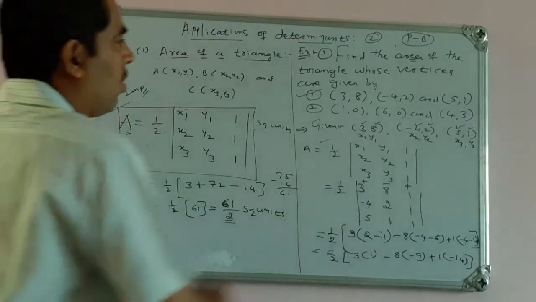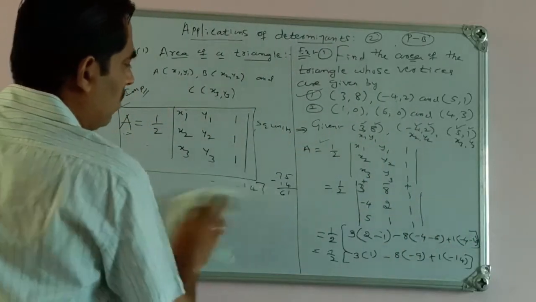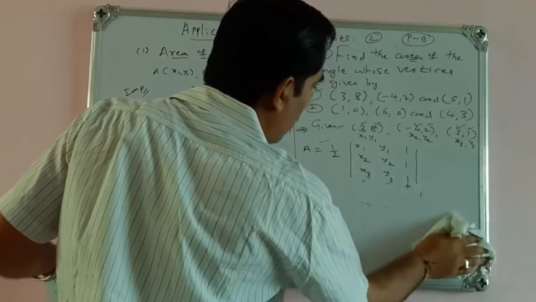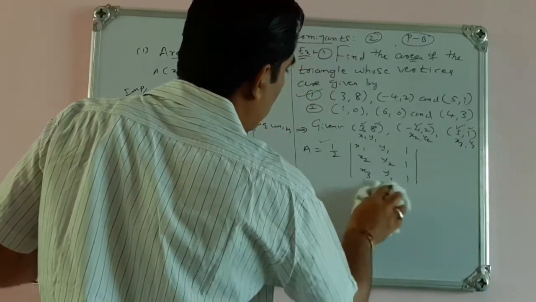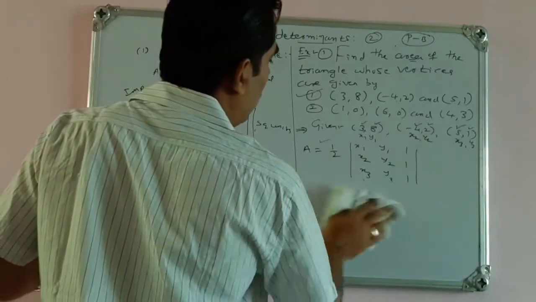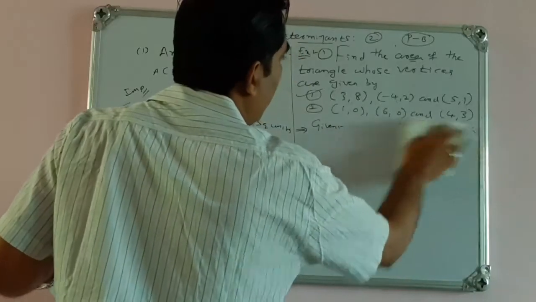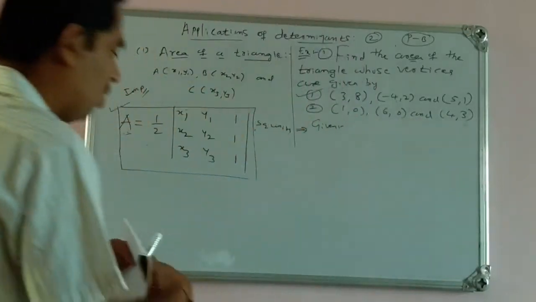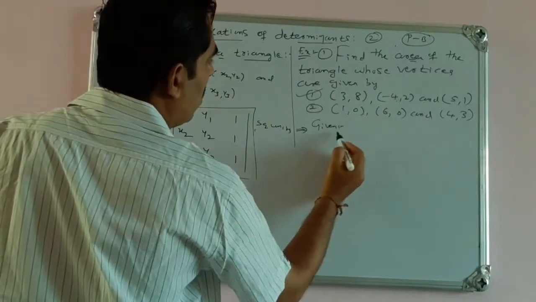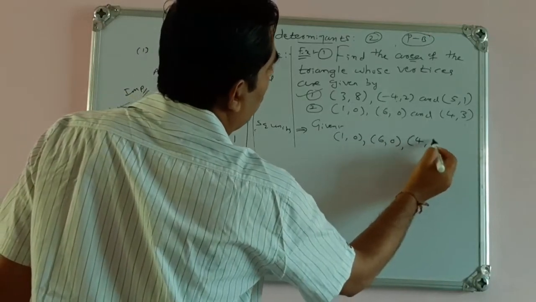Okay. So let us work out this second one. Find the area of the triangle whose given vertices are, you can write here, 1, 0, 6, 0, 4, 3.